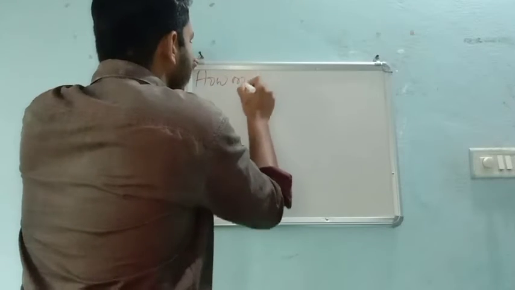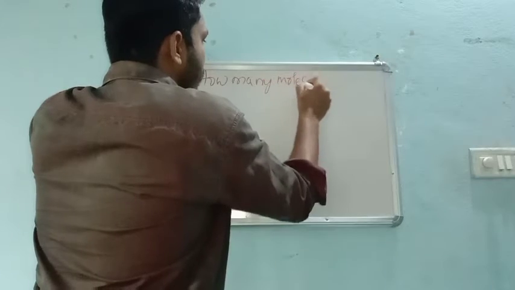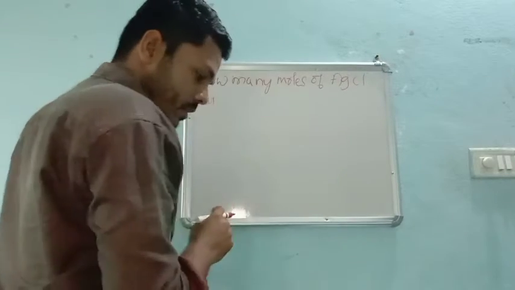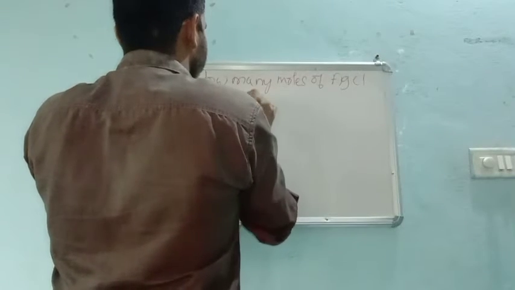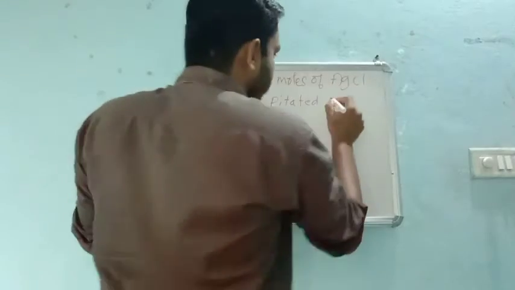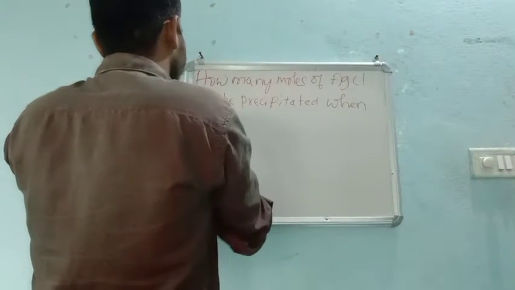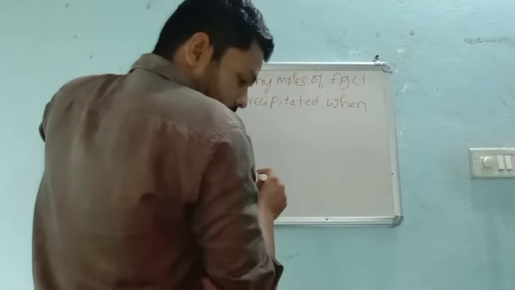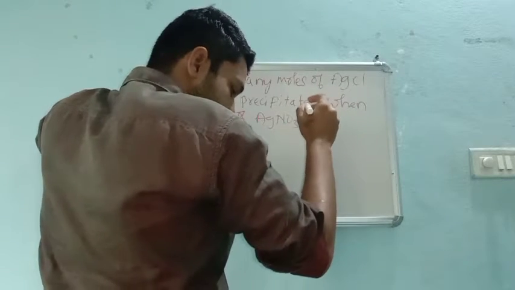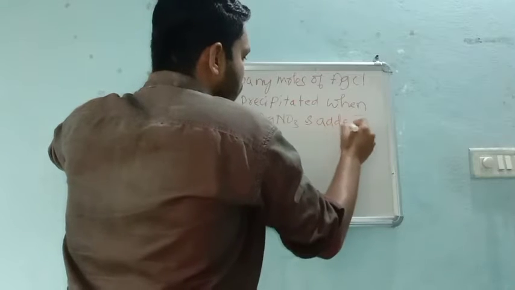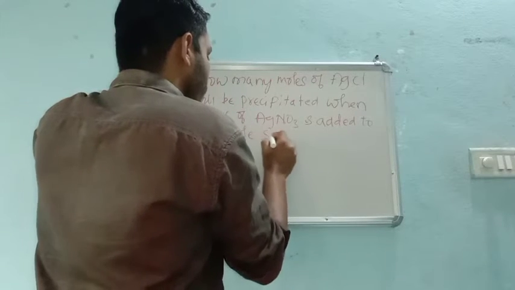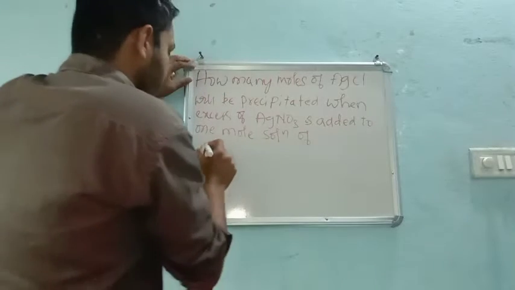How many moles of AgCl will be precipitated when excess of AgNO3 is added to 1 mole solution of this complex?